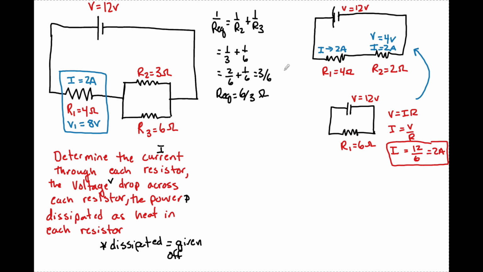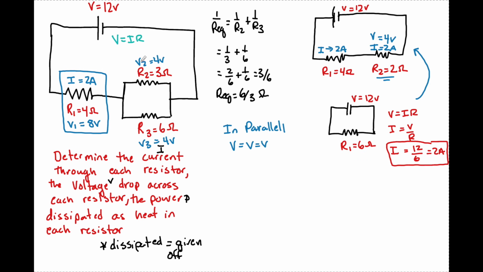But now from our rules, we know that in parallel, the voltage is going to be equal everywhere. So even though the equivalent resistance is the sum of these two over here, I now know that V2 is going to be 4 volts and V3 is going to be 4 volts as well. Now, guys, we know that our goal is always to use V equals IR, right?